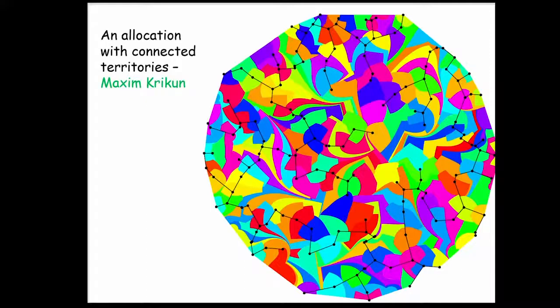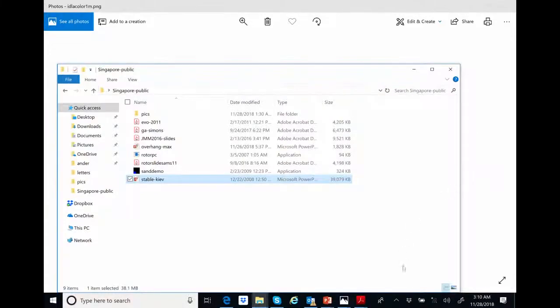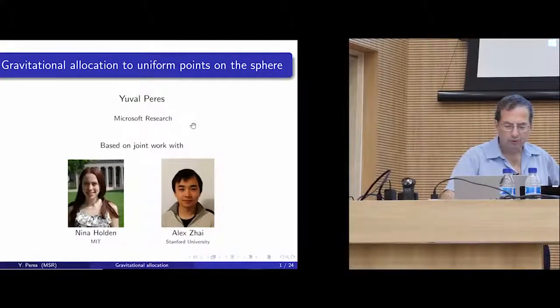And the later twist on this is the method of gravitational allocation, which I will be talking about tomorrow in the colloquium, but I'll just give you a little example today, for motivation.